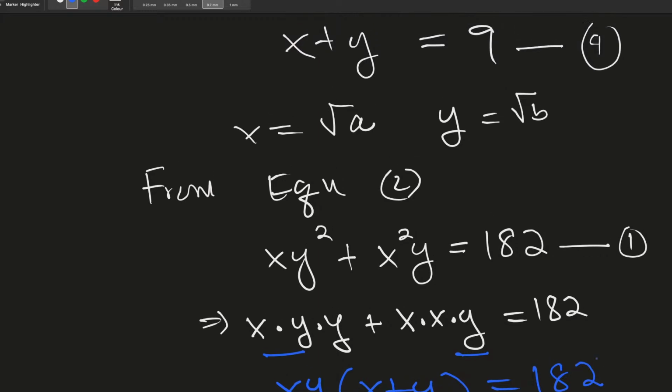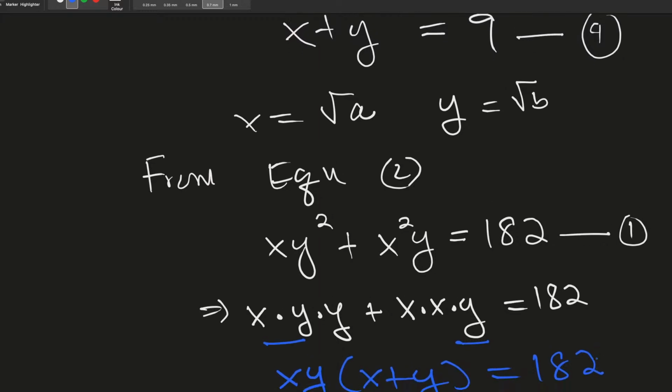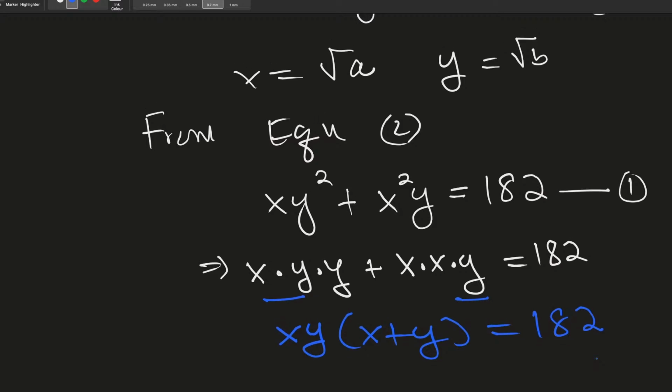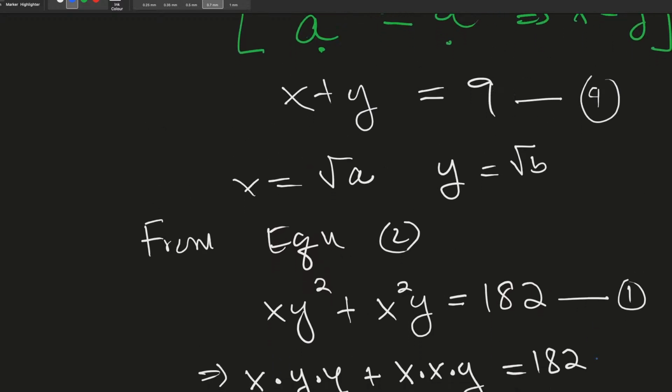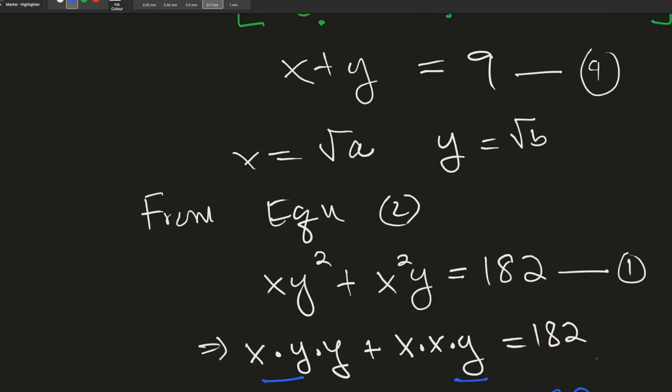Okay, now, since we have that, we know from equation 4 that x plus y is equal to 9. Okay, look at it. That is awesome. This is the equation we generated earlier.